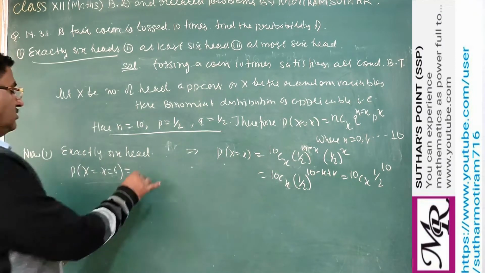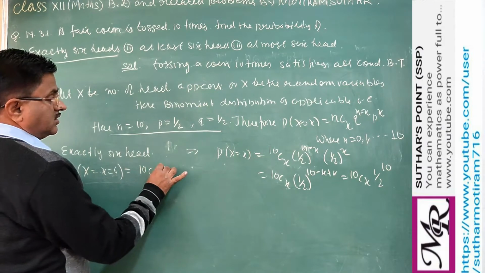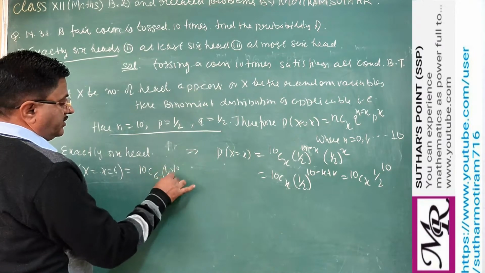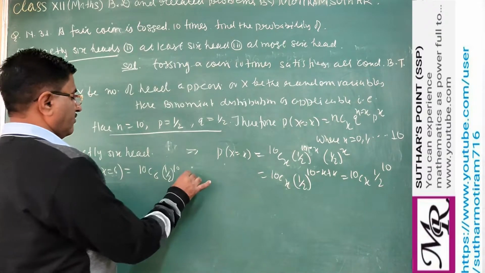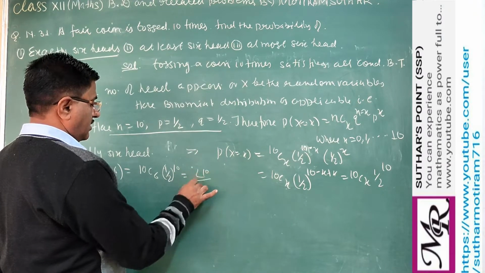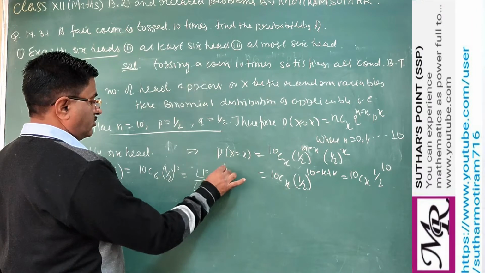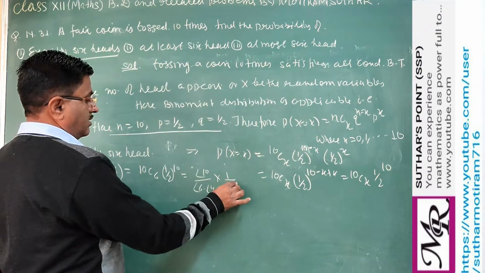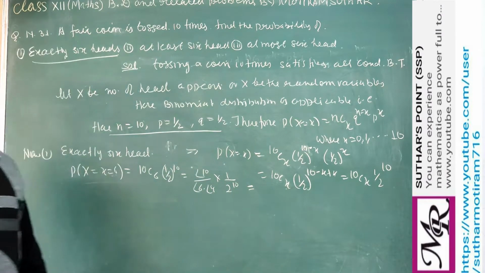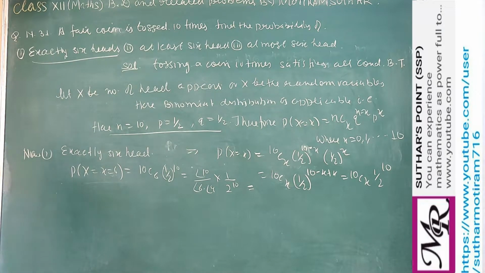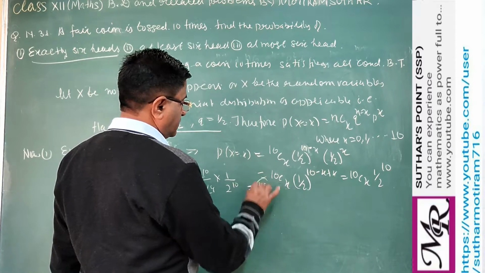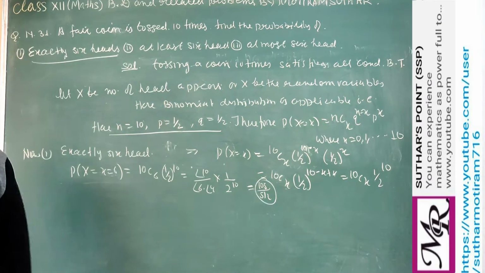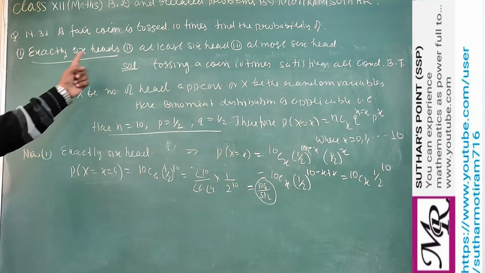So put this value: 10C6 into 1 by 2 power 10. Very easy. You can use the combination formula. 10C6 is equal to factorial 10 upon factorial 6 into factorial 4, into 1 by 2 power 10. You can solve, that will give you 105 upon, after simplification, you get the answer. So dear student, this is the probability of exactly 6 successes.